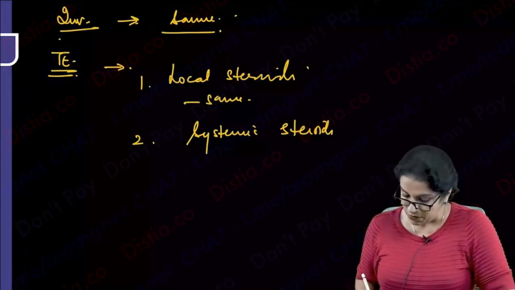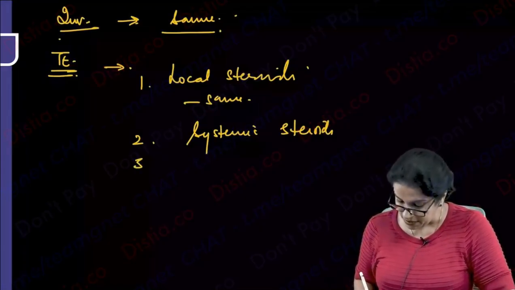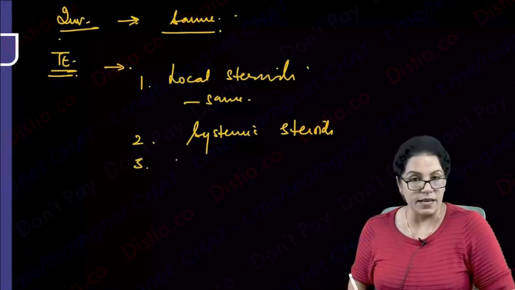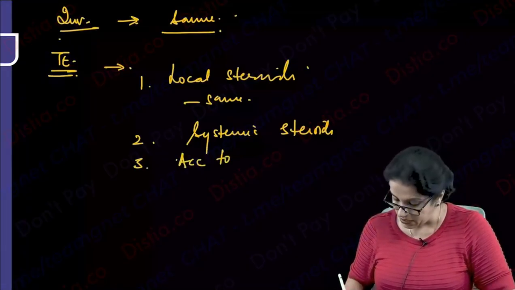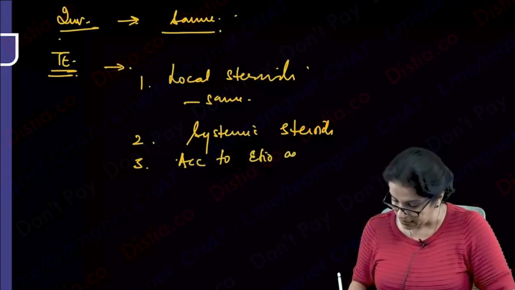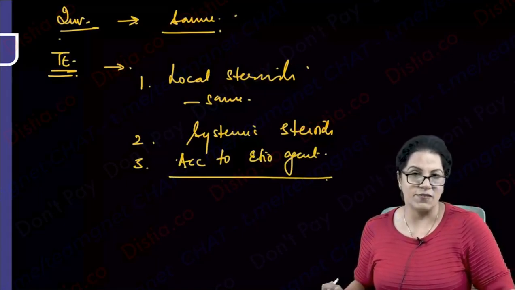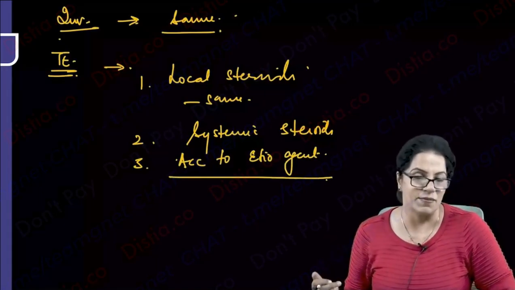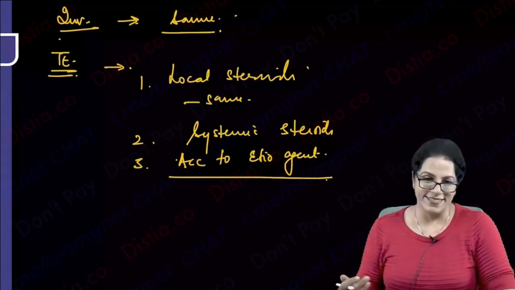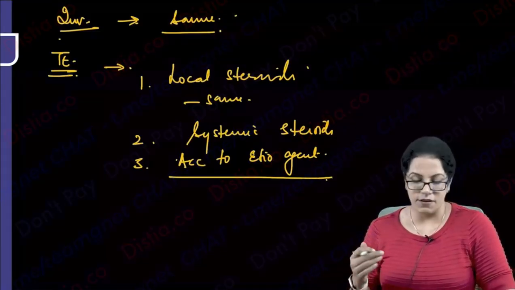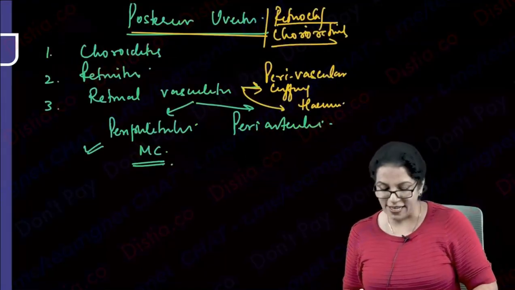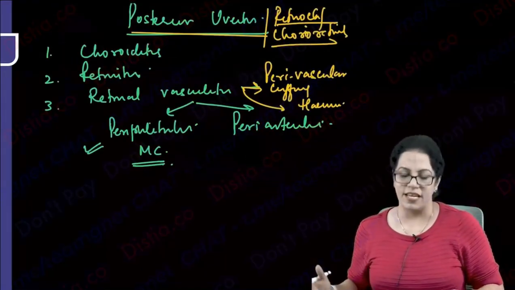We may go for immunosuppressives, and very important, treatment can be according to the etiological agent. If not steroids, we may treat according to the etiological agent if it is involving the posterior segment or the choroid. So that was a very simple way of understanding posterior uveitis.